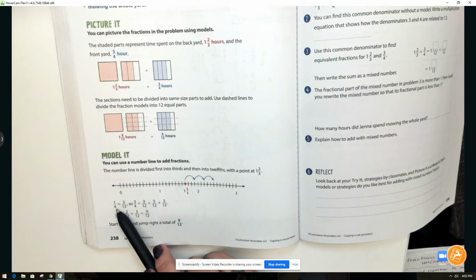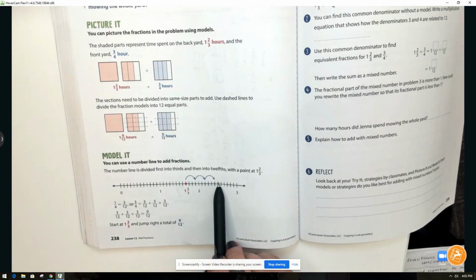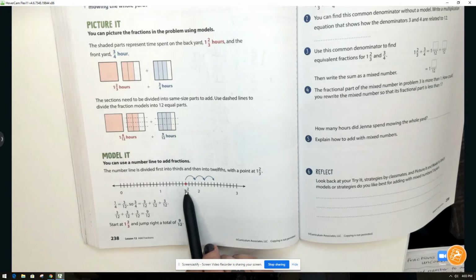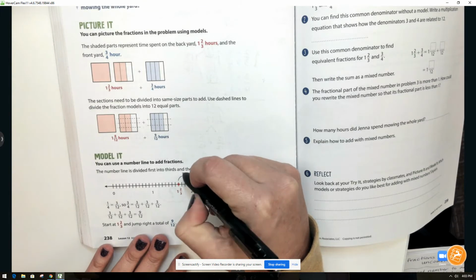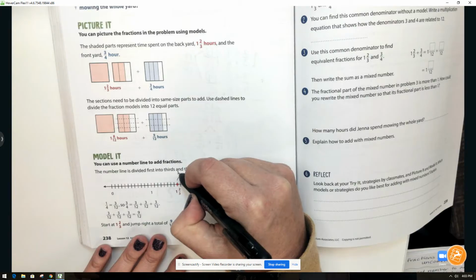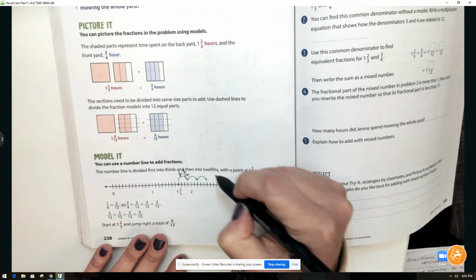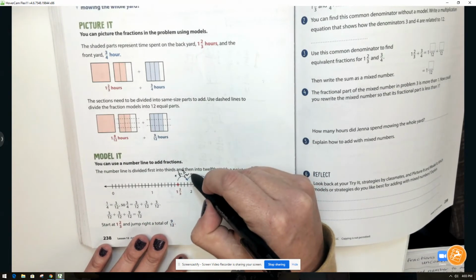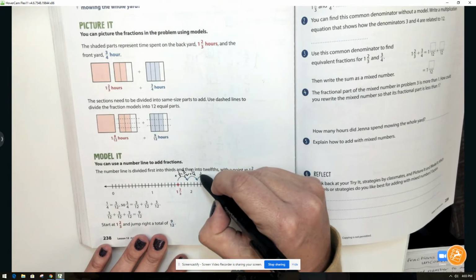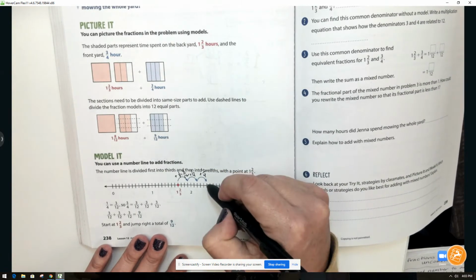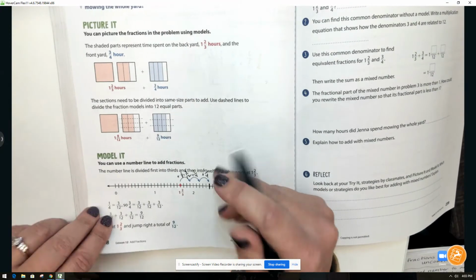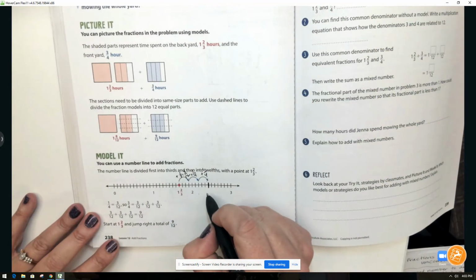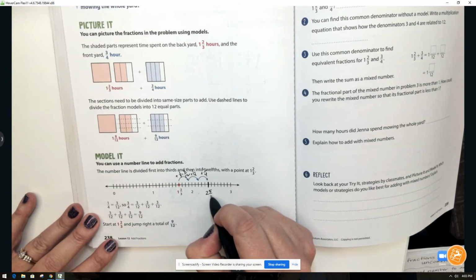But we're gonna add 1/4 3 times. And so we're going to go up by 3/12. So when we hop, we go up 1, 2, 3. This is plus 1/4 or 3/12. And then again, plus 1/4, and then plus 1/4 to get to our final answer of, I have to remember what the final answer was, 2 5/12.